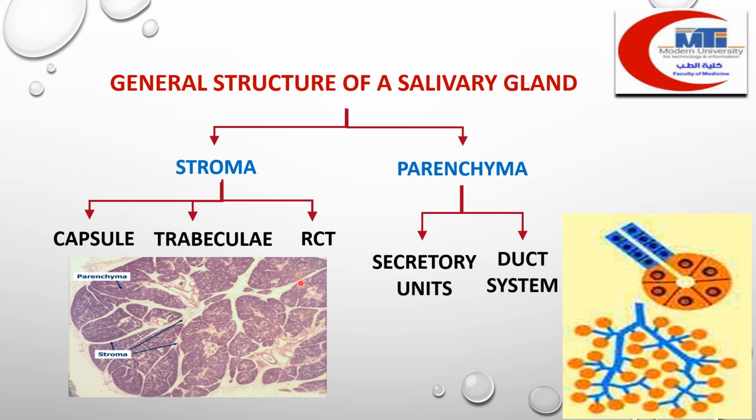And stroma also consists of reticular connective tissue, which is formed of cells and fibers, forming a network that supports the parenchyma. The parenchyma is formed of the functioning cells of the organ, organized in salivary gland as secretory units and duct system.